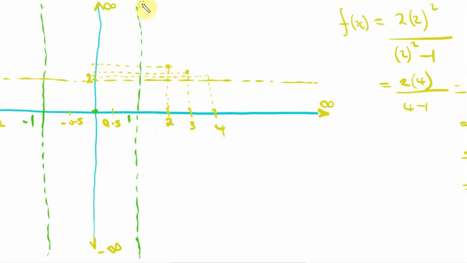So this tells us that our graph would be like this.